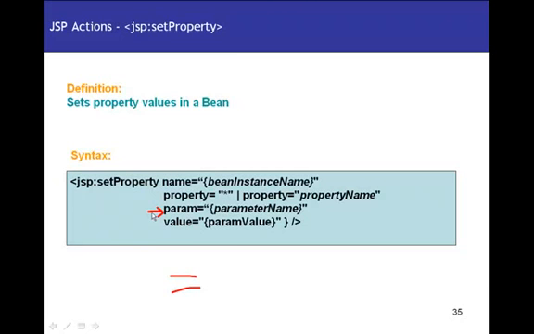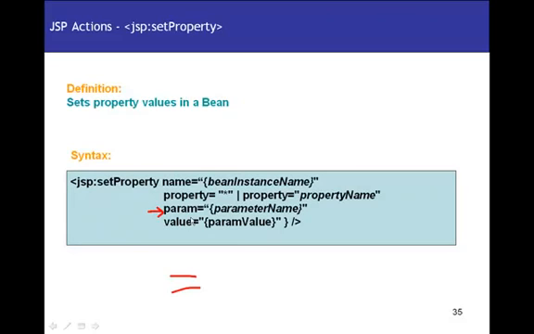So basically you can use the JSP set property element inside the JSP useBean body and outside the JSP useBean body as well. So what's the difference between using it inside and outside? When you use it outside the JSP useBean body, it automatically sets the value of that particular property to the value which you set, irrespective of what value it was earlier when it was brought over from the servlet, right?